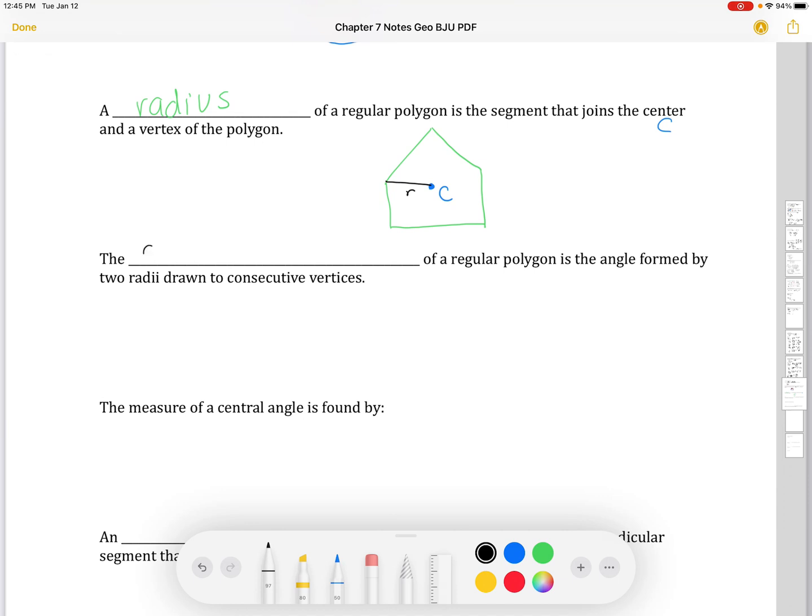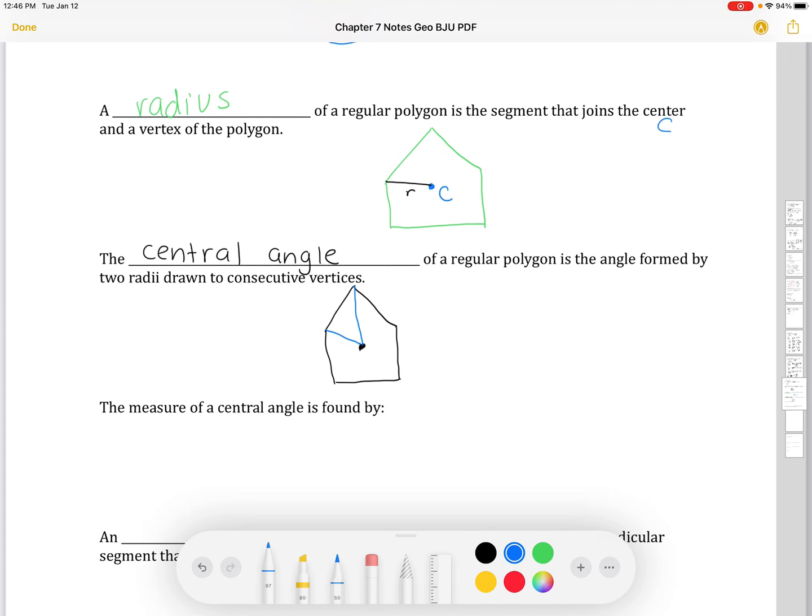The central angle of a regular polygon is the angle formed by drawing two consecutive radii. So if I have a pentagon again, and this is my center, I could draw this radii to this vertex and this radii to this vertex.